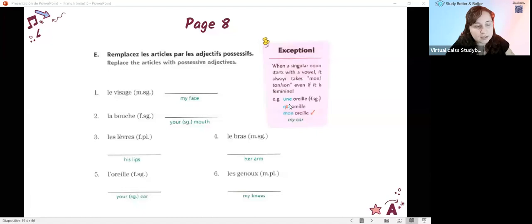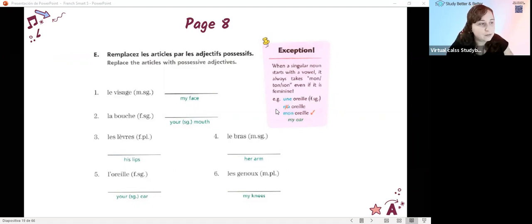For example, instead of saying une oreille and saying ma oreille, we're going to say mon oreille. We always take that one, the masculine, because otherwise the words are going to match each other. We cannot say ma oreille, no. So we say mon oreille, okay?